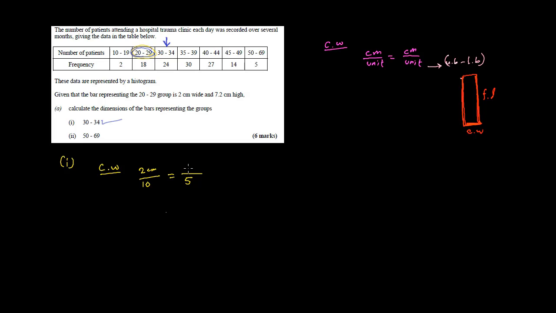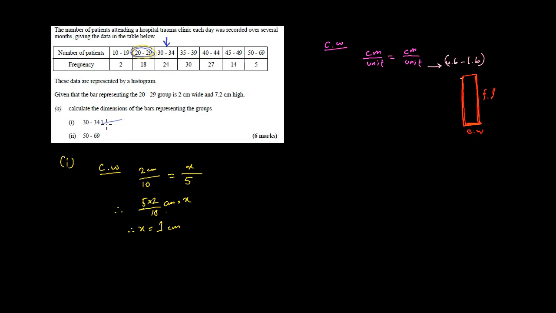We need to find the unknown centimeter, so let me call this x. Therefore, if we cross multiply, this would be 5 into 2 divided by 10 centimeter. This is the dimension. Therefore x equals 1 centimeter, so it is 1 centimeter wide.